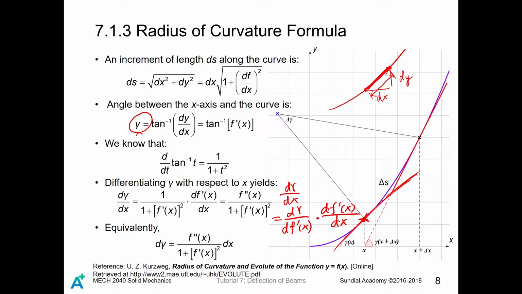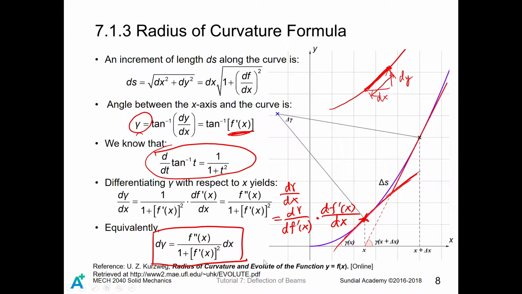But when talking about d gamma/df'(x), we have to apply this formula because we know gamma is a function of f'(x) and we can differentiate it with respect to f'(x) to get this term. We retain this term, and for this term it is f'(x). Once it is differentiated once again, it will become the second derivative, which is f''(x). So all in all, we will get the result that d gamma equals f''(x) over 1 plus f'(x) squared, dx.